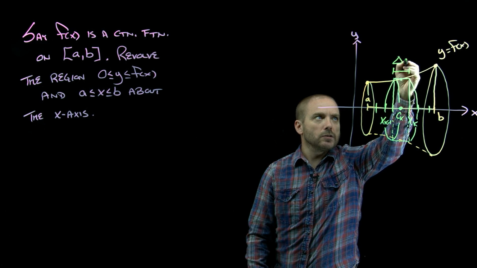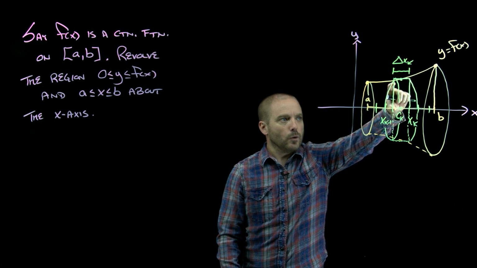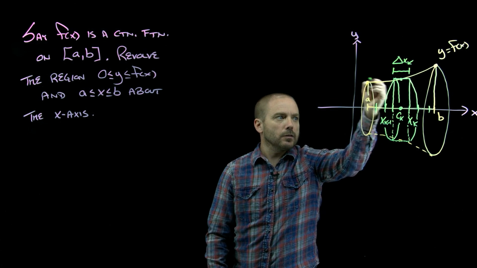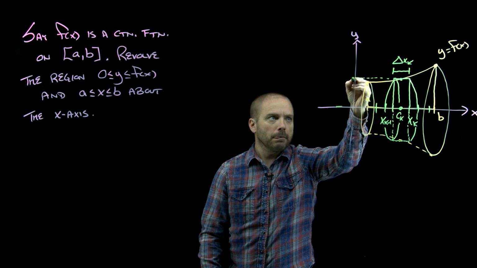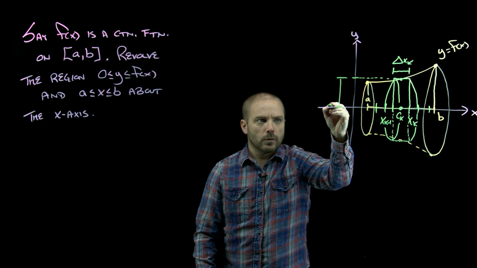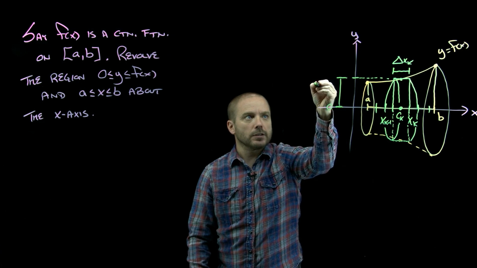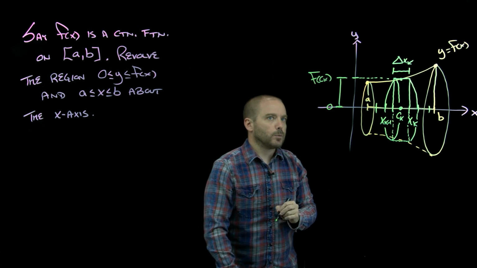That's just our change in x. And this dimension here, the radius, well, the radius is being determined by the curve. It goes from the axis to here, or from 0 up to whatever our function is at c sub k.